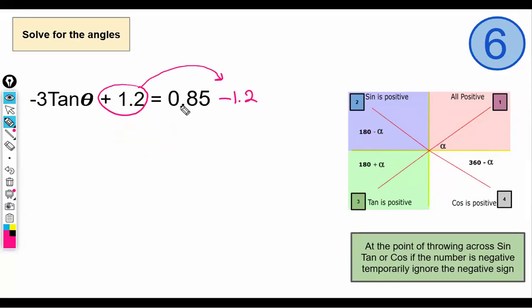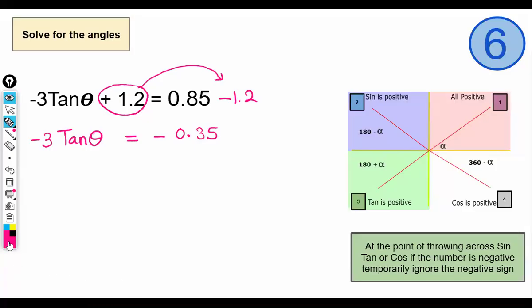And if you can do 0.85 minus 1.2 one time, that would be nice. Remember, it's too early to determine whether it's a positive or a negative question. 0.85 minus 1.2, I hope I do it correct, is minus 0.35. I hope you all have that.